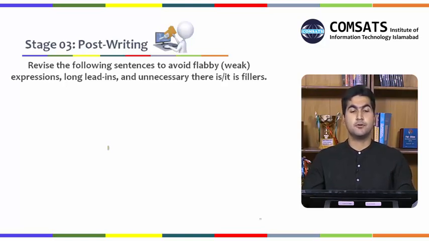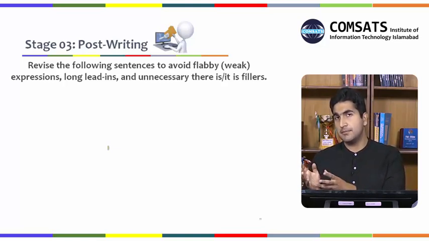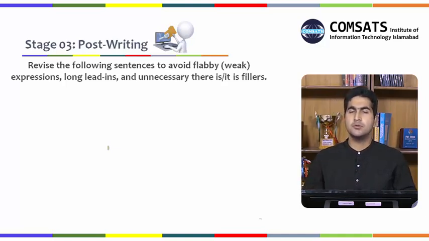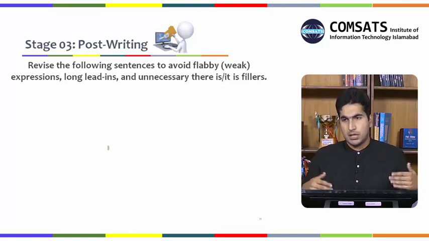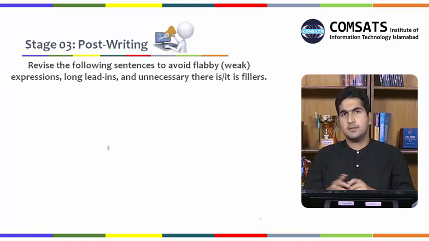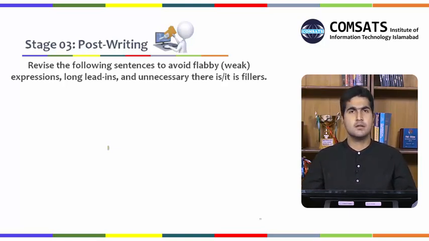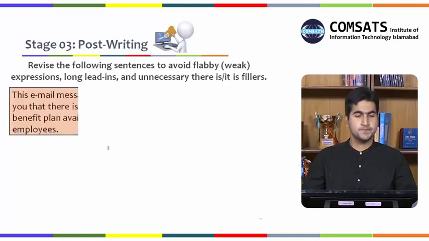It's a task for you: revise the following sentences to avoid flabby expressions, long lead-ins, and unnecessary "there is" and "it is" fillers. A lead-in is the line which leads you towards the actual matter being discussed. You can say something straight away, or first come up with so many words that the other person gets distracted and wonders why you aren't coming to the point. Let's see the basic difference between these two approaches.